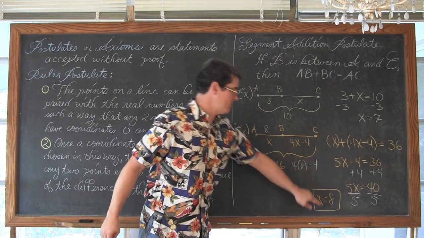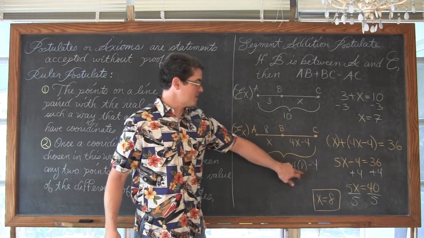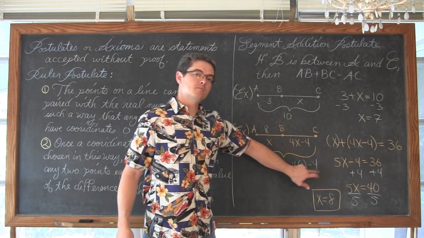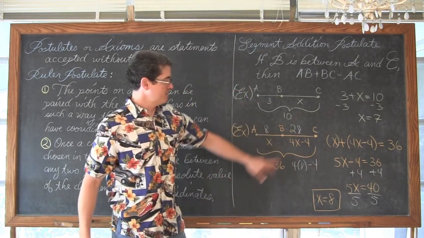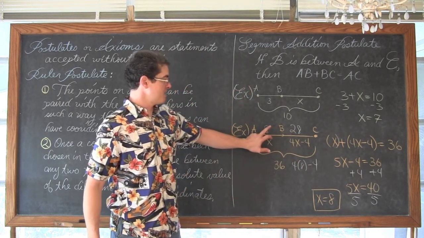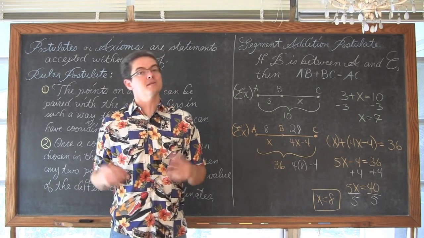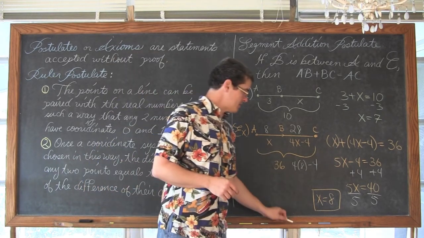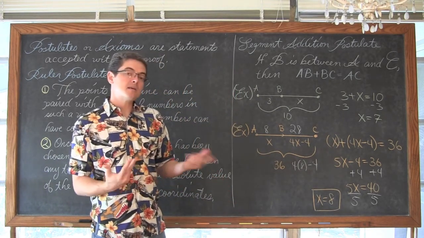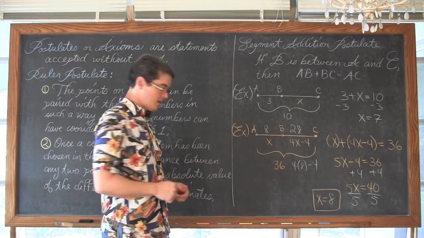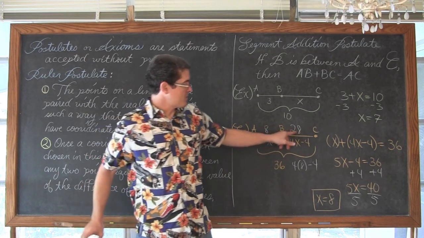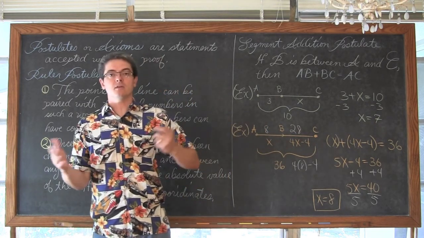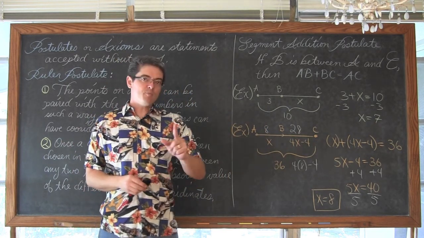I'm taking that value of x and plugging it into my expression. 4 times 8 is 32. 32 minus 4 is 28. And let's see, does 28 plus 8 equal 36? Yes, it does. I'm also showing you here that that's how you're going to check your answer: actually plug the value of x into these expressions and make sure that they do add up to the entire length that is given.